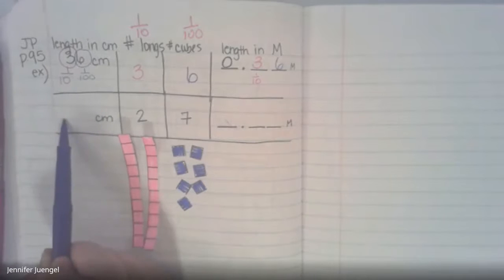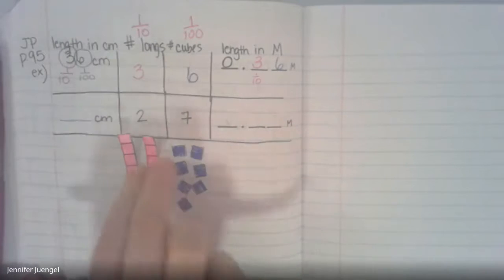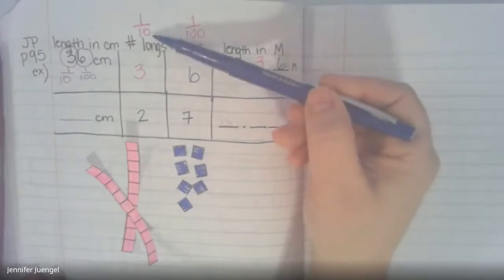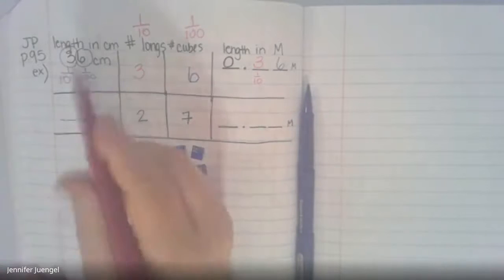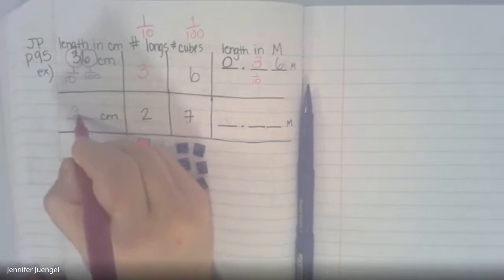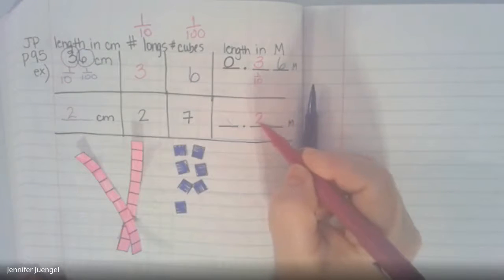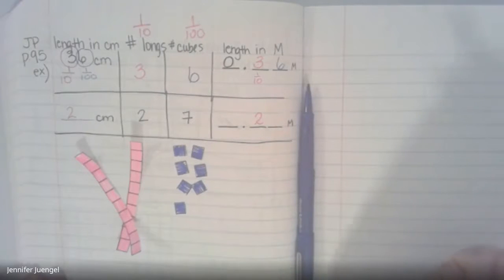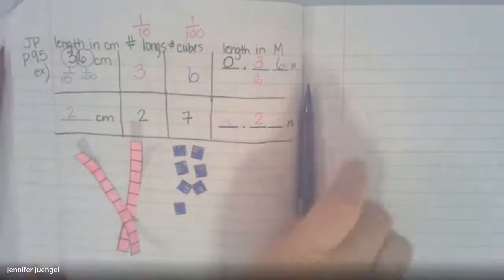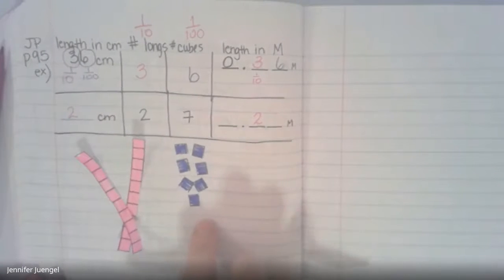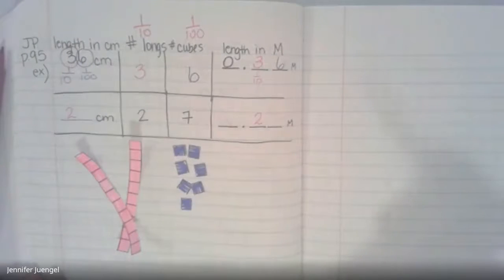How would I write that in centimeters? If I have 2 longs, we know that 2 represents the digit in the tenths place. So that means I should have 2 in the tenths place over here and 2 in the tenths place as a decimal. If 7 is the number of unit cubes I have, I know that 1 cube represents the hundredths place, like pennies.